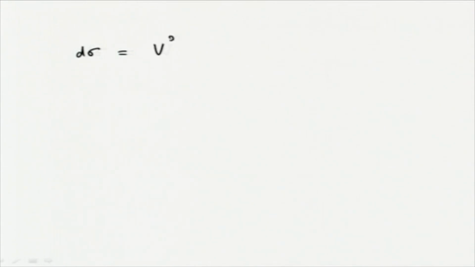So, 1 over V to the power 4 was already here in d sigma, which is the cross section that I will denote. Let me write it here.